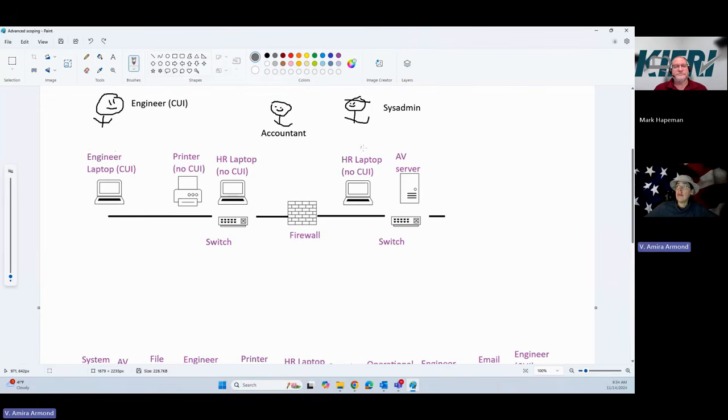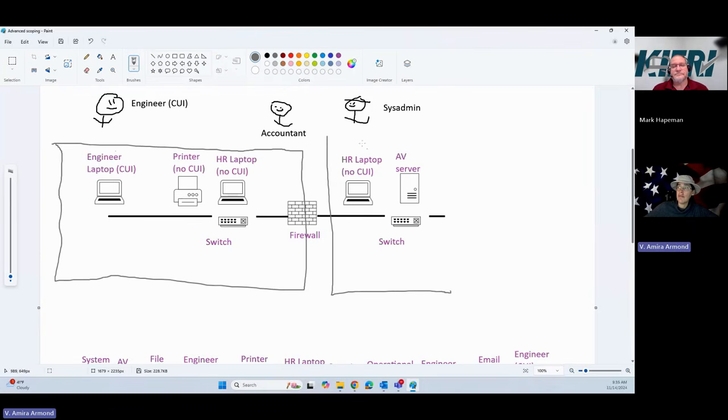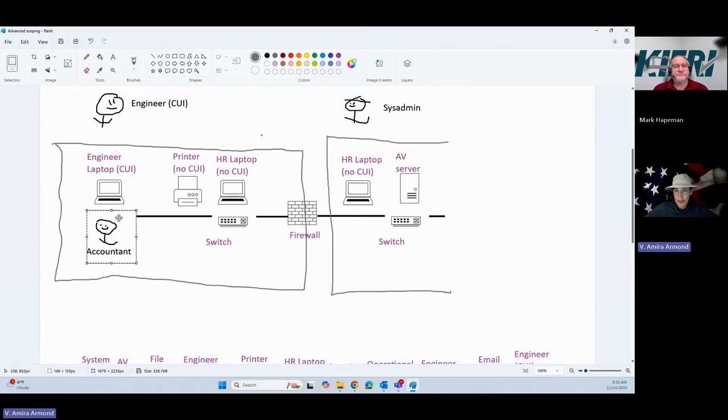Or maybe you've got some users wandering around, and over here, this side is a secure manufacturing area, right? And this side over here is just the corporate building. So if this accountant can wander over to the secure manufacturing area and just look around whenever they want to, pick up some diagrams and browse through them, well, they are not logically separated from CUI.